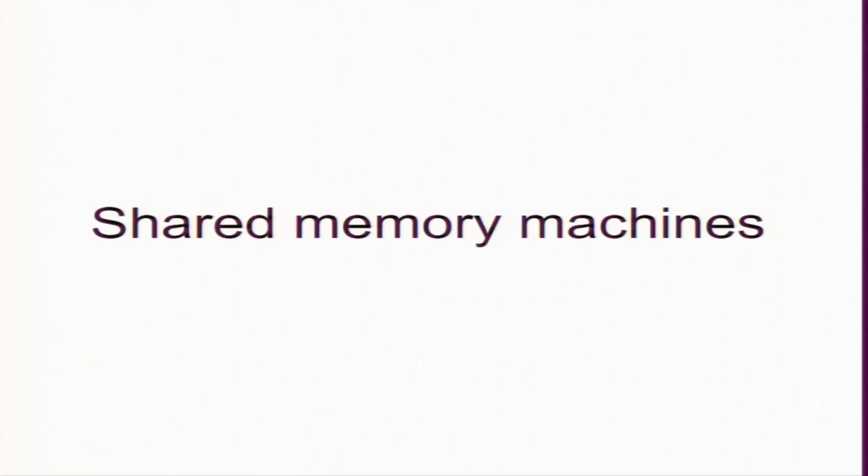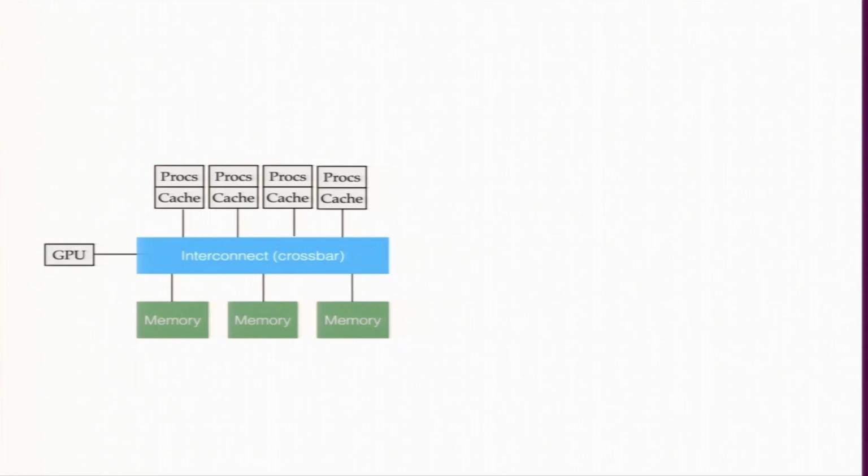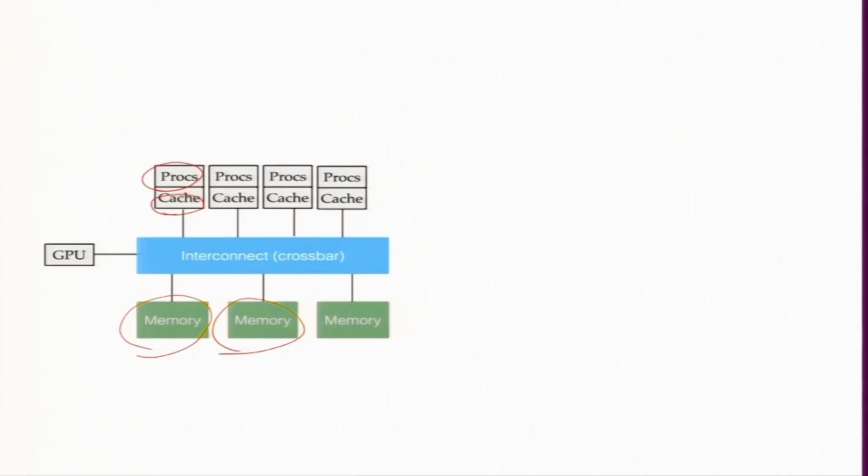Shared memory architecture, or shared memory machines. In fact, we saw that within a node we had processors and cache, which were part of a chip, and memory was separate outside. The processor talks to memory via a switch, some interface.